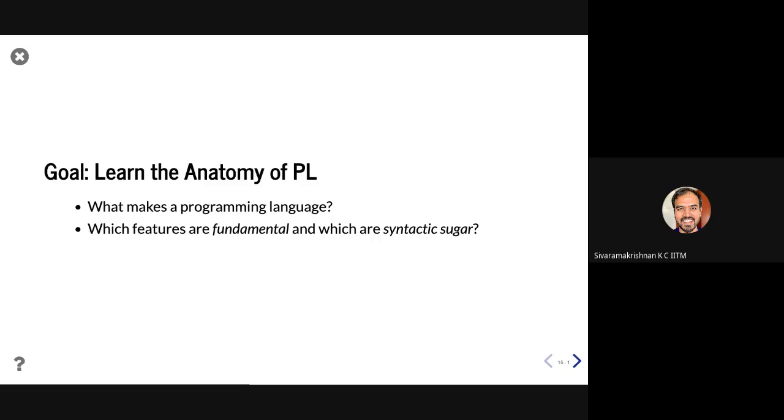Why is this useful? This is useful because it allows you to dive right into understanding a particular feature, right? If you can explain a particular feature in terms of other primitive features, you become an expert quite quickly, right? You can see through this facade, which is the syntactic sugar. You will learn some of this as we go through the course.